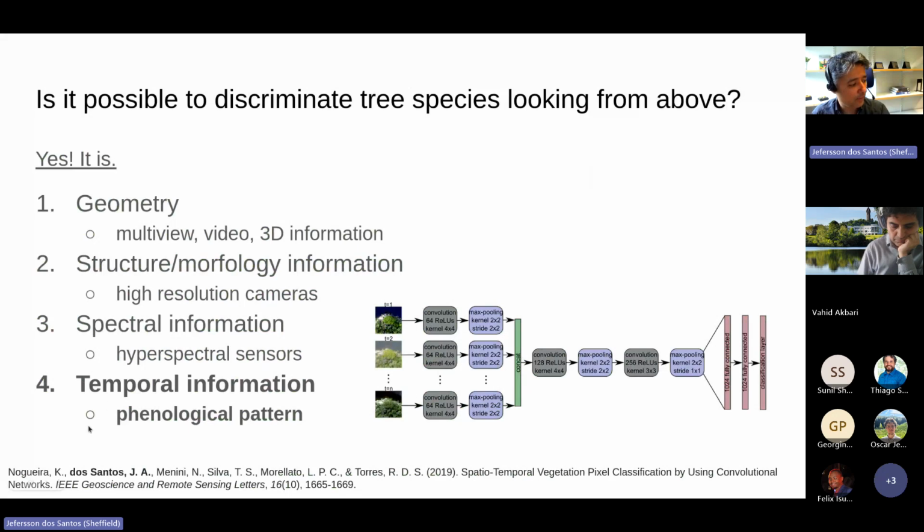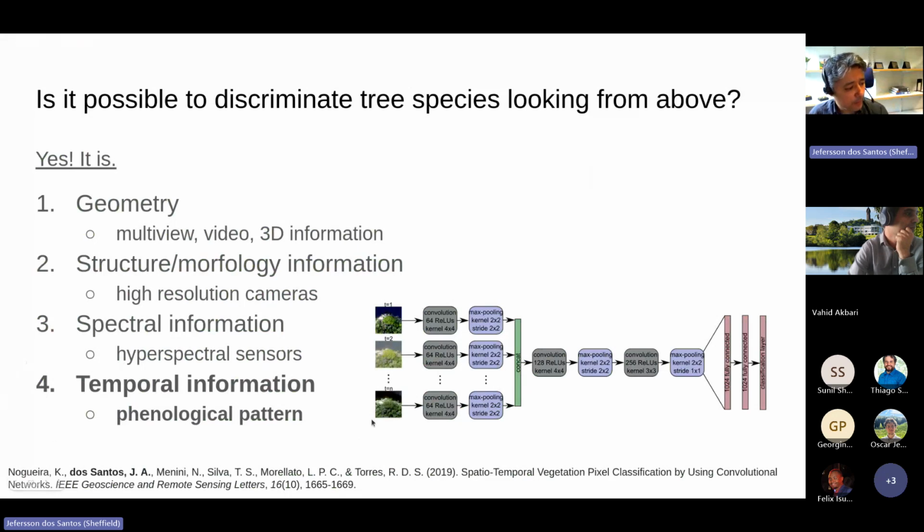One of the things you can do is explore the temporal information. Phenological patterns are very important for correctly identifying plant species. In this direction, we have published, and Thiago is part of this work, in collaboration with him, in the previous project.